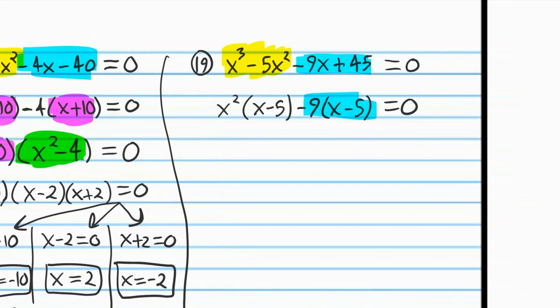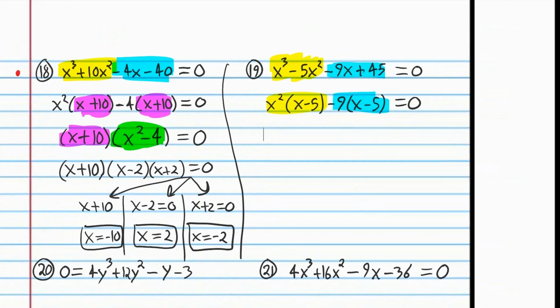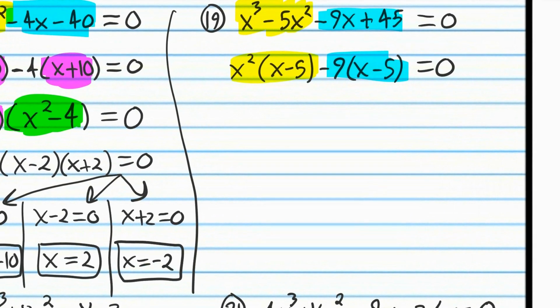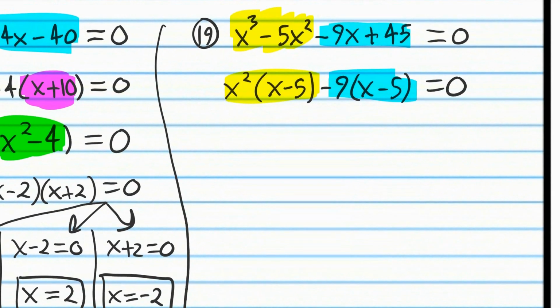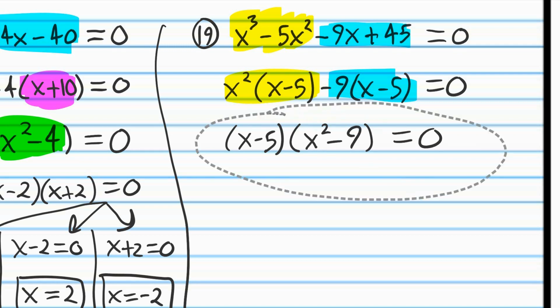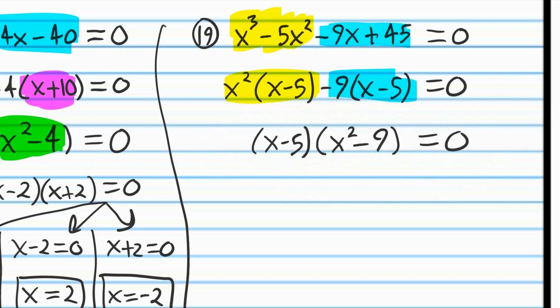I just realized I didn't use the same coloring scheme that I'm using here, so don't be confused by the coloring scheme here. So now we're going to factor out an x minus 5, because we have an x minus 5 that's common to both terms, and we have x squared minus 9. And I'm just going to move that over so the equal signs are lined up.